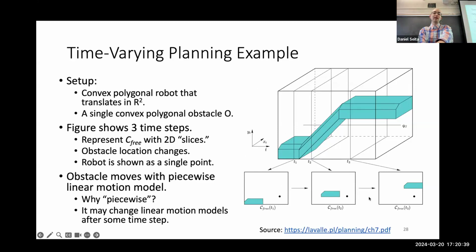So does everyone see how you get that? Because at time 2, the obstacle is moving, and so when it moves, it'll change the location from here to here, and then from here to here at the end. Then our goal configuration is just going to be some kind of point in the 2D plane, so it might be over here.